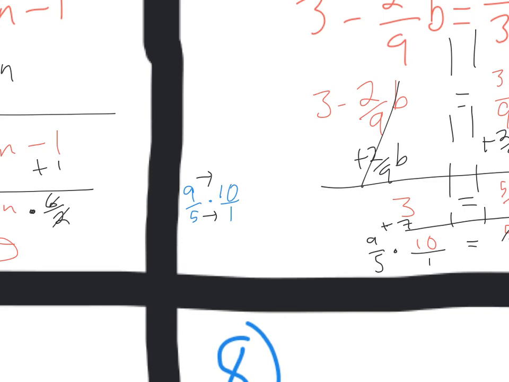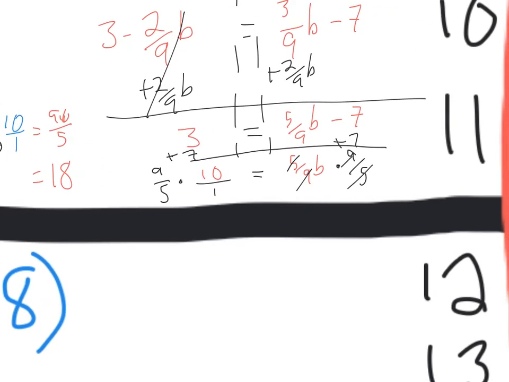When we multiply, we get 90 over 5, and 5 goes into 90 18 times. So you are all done. b is equal to 18.